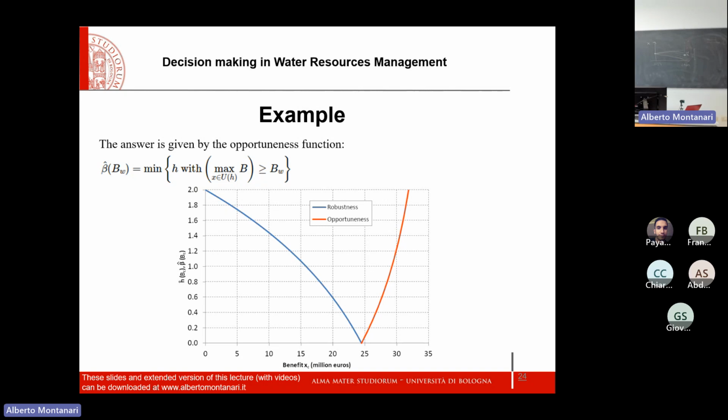And then you can make your decision by evaluating the risk that you have of not reaching the critical value and the probability that you may get the windfall. But the nice feature of this method is that through these robustness and opportuneness functions, you can also evaluate the opportunities given by climate change.